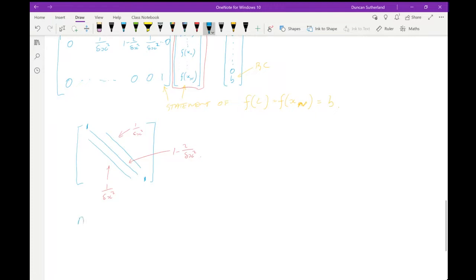Right, if you wish, we can write this as MV equals X implies V, or sorry, that should be an F. F vector equals M inverse X, right? That's it. That's all we've got to do to solve this problem.